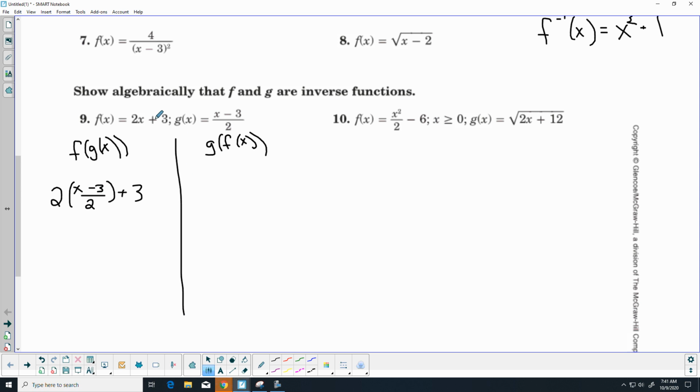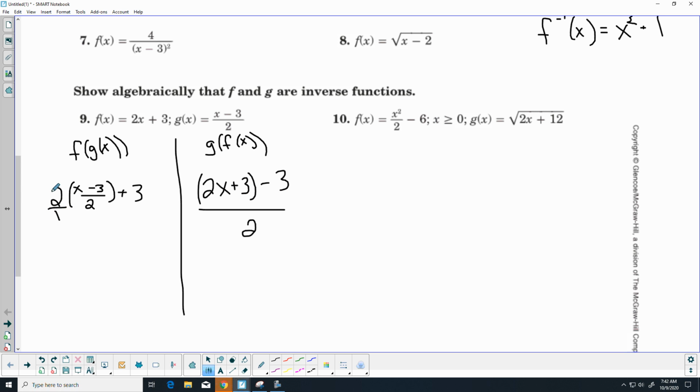On this one, I'm going to plug the f function into my g function. So I had x minus 3 over 2. Take out this x, put in 2x plus 3. Now you just need to simplify them.